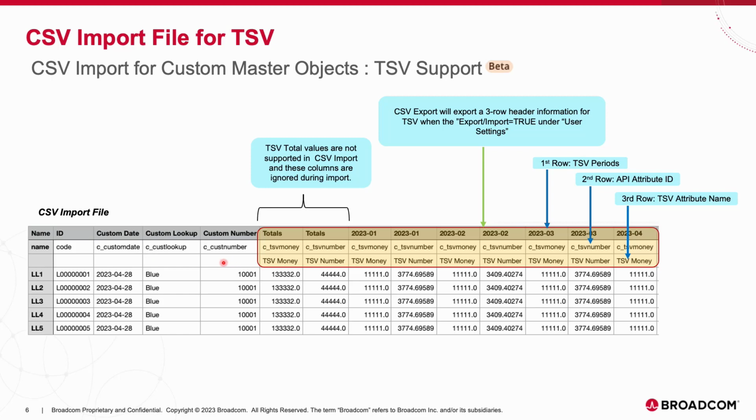Note that it will only export this header row if you have the export import option set to true under user settings. Also note, it will export the TSV totals, but when you import it in, this area will just be ignored. You'll get a warning message, but the import will still proceed, so be aware of that.